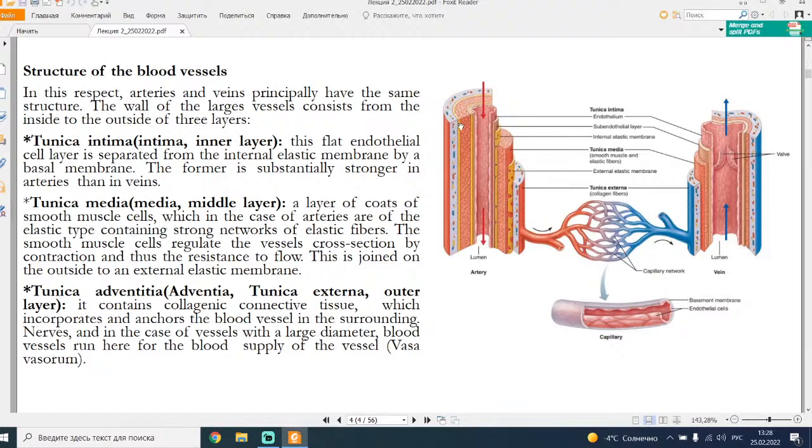The smooth muscle cells regulate the vessel's cross-section by contraction and thus the resistance to flow. This is joined on the outside to the external elastic membrane. But the external elastic membrane in veins is absent. This is the external elastic membrane.